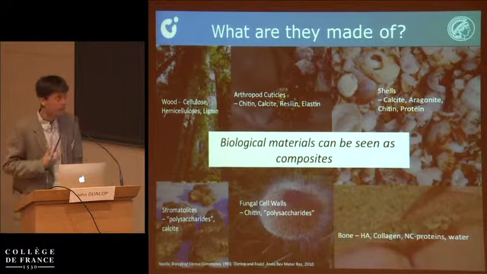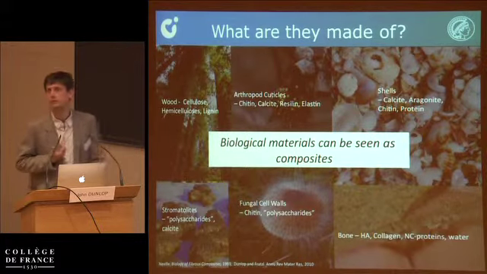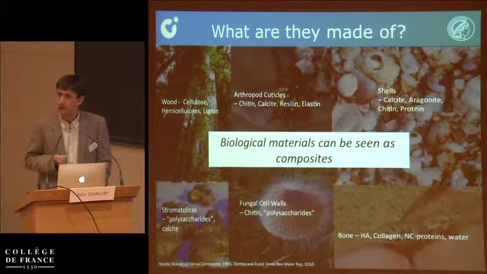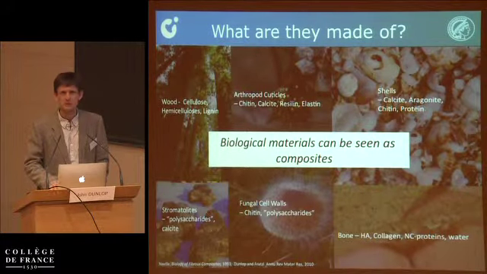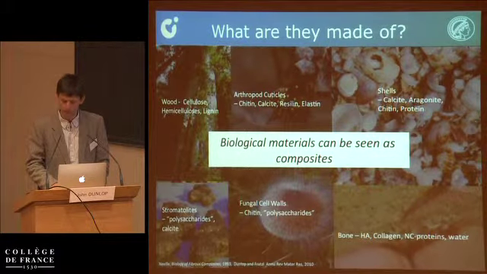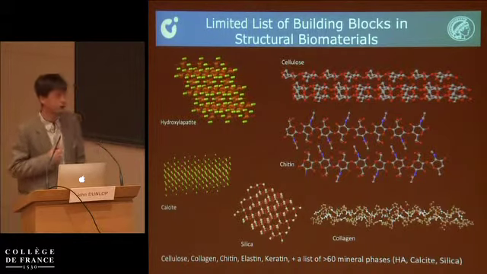So when we talk about biological materials, in many respects, you can think of them as being composites. But what's interesting about biological structural materials is that if you look at it with a very broad brush, there seems to be only a very limited number of building blocks used in structural materials in biology.